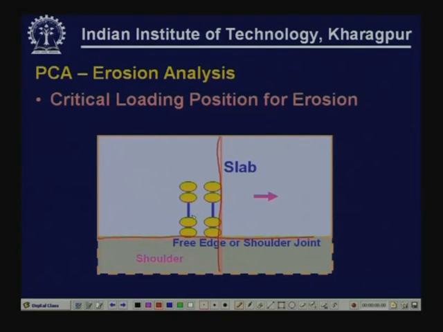So, this is where some amount of discontinuity is there in both the directions. We have to place these wheel loads as close to the corner as possible. That is when we are going to have maximum deflection in the corner region, that is the critical condition. Again, we will have to assess what percentage of total traffic will have their wheel loads positions in the corner region, whether it is 100% or part of that.